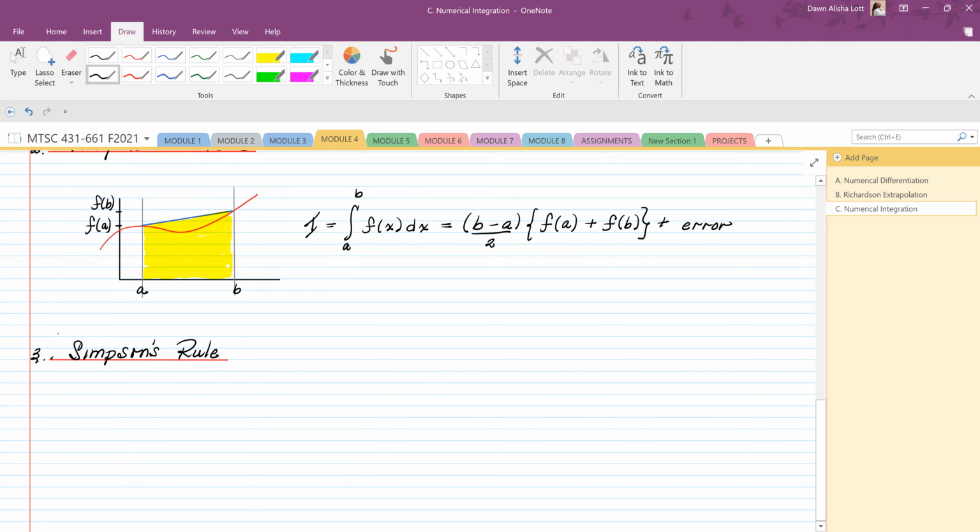Okay. So Simpson's rule is we want to connect the endpoints with a quadratic polynomial.